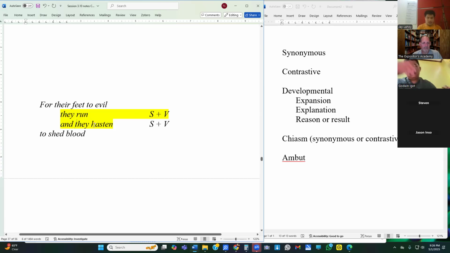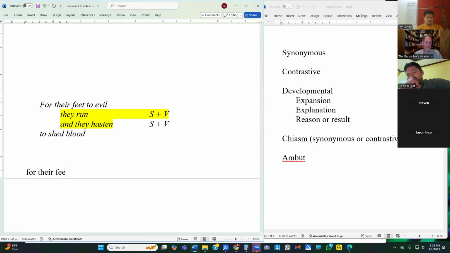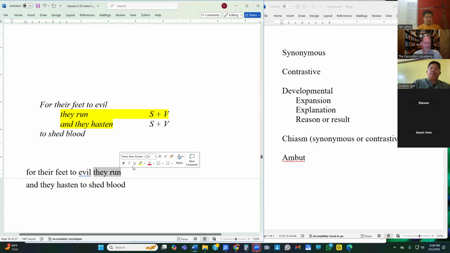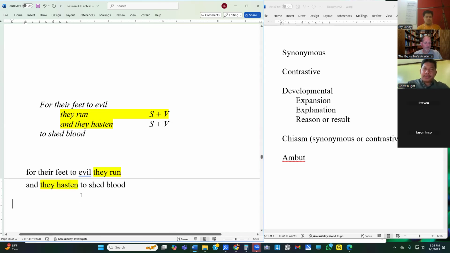They run and they hasten are what's being focused on here. So the verse should literally read, if we follow the word order in the Hebrew, for their feet to evil they run, and they hasten to shed blood. All right, so they run, they hasten.